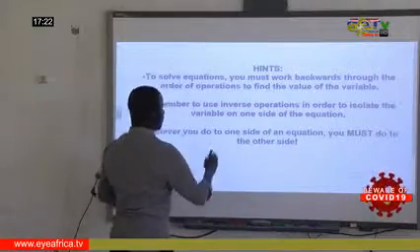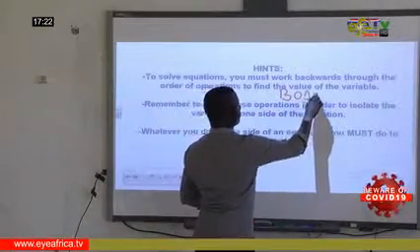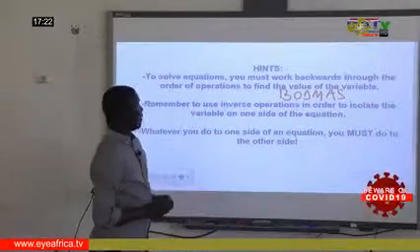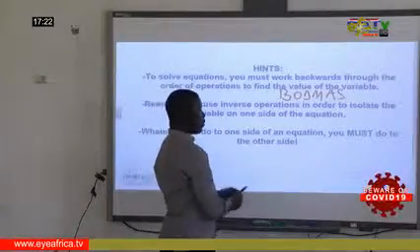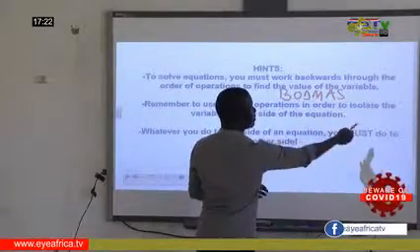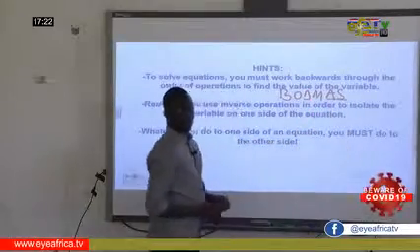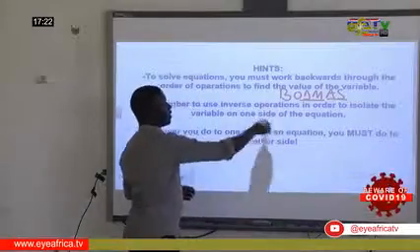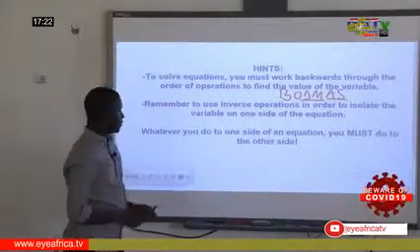We talked about our order of operations the last time. To solve equations, you work in reverse, starting with either the addition or the subtraction, coming into the multiplication or the division, and the brackets come later on.